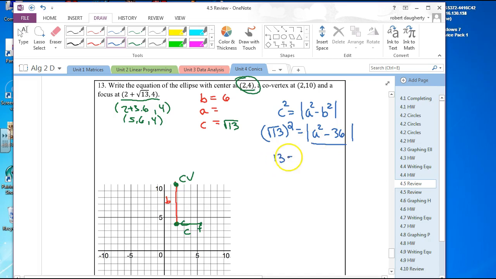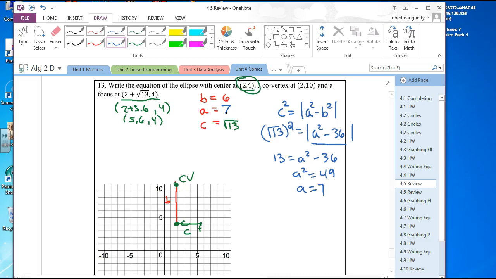So I know that 13 is going to be A squared minus 36. This means that A squared is equal to 49, or A is equal to 7. And I am confirmed here that A is greater than B.